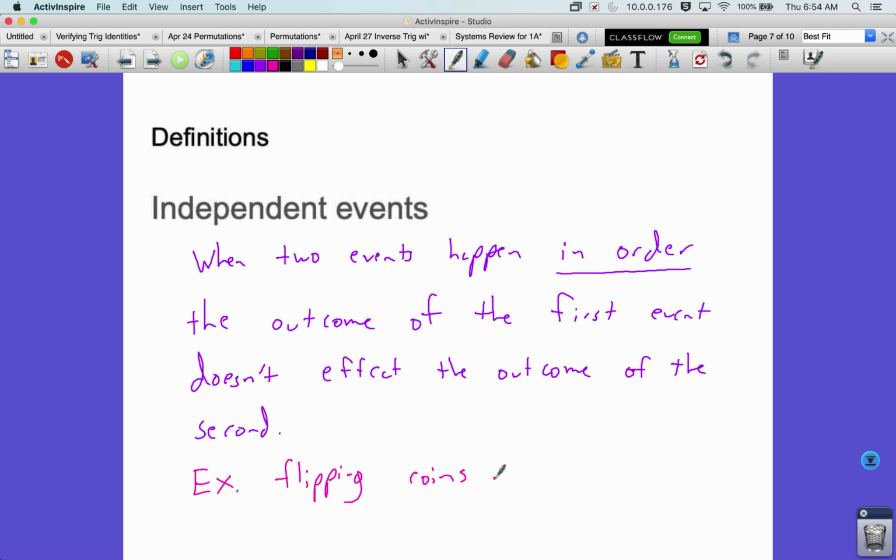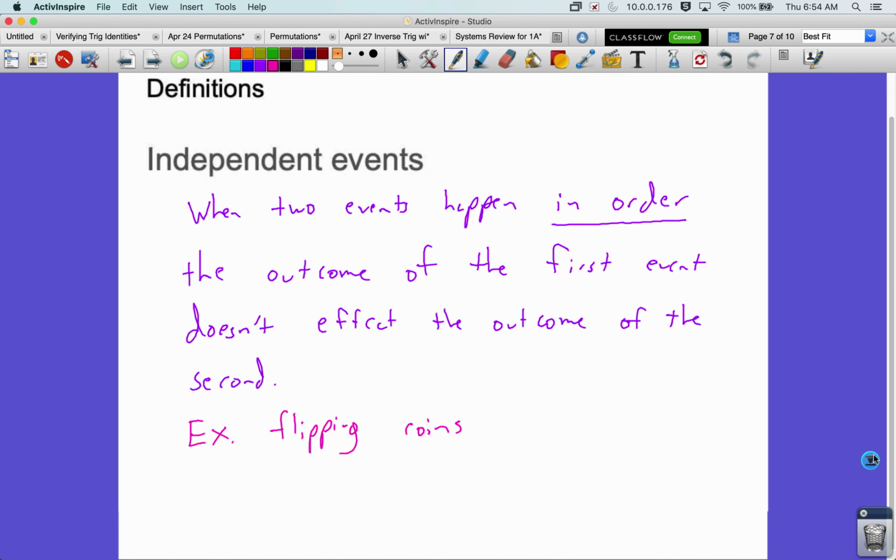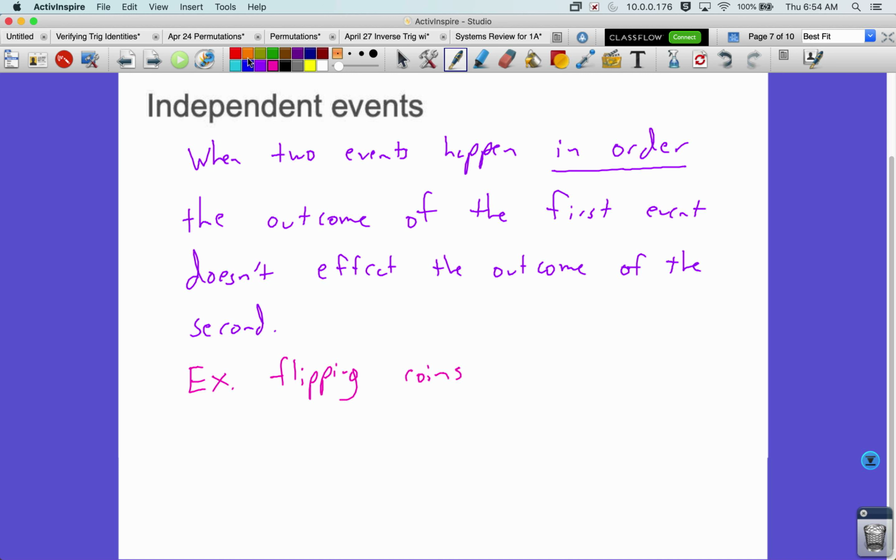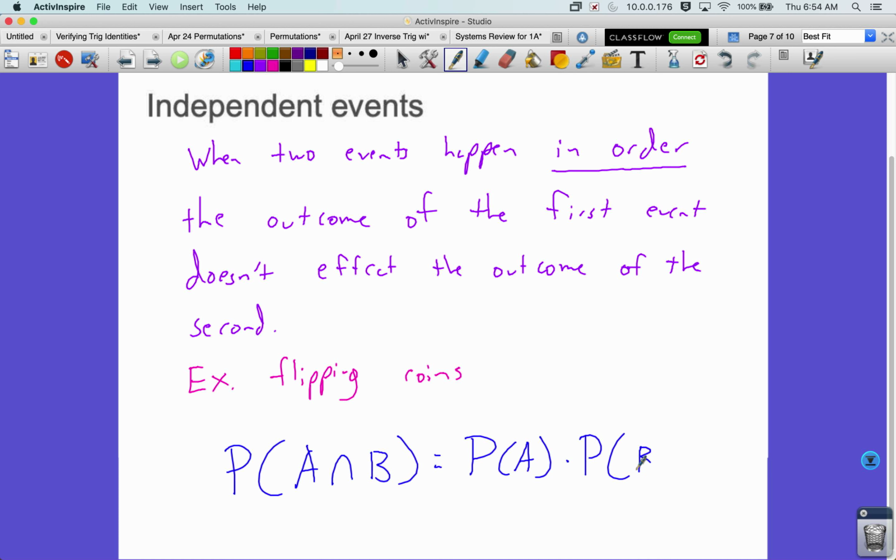So let's see what sort of notation we want to write with independent events. Let's see what the book has. So what they say for the notation is the probability of A and B is equal to the probability of A times the probability of B. And this is how probability should normally work.